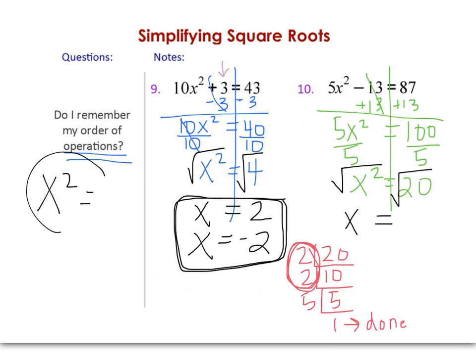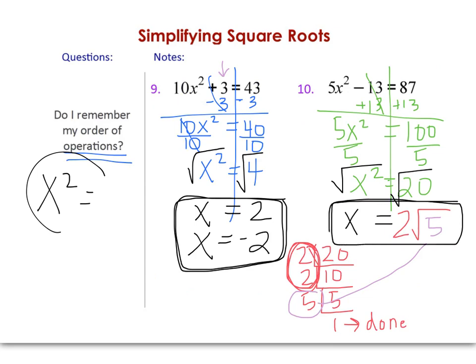That one pair of 2's goes on the outside of your square root. The leftover piece goes on the inside. So you just simplified the square root of 20 into 2 times the square root of 5. So this is simplifying square roots by solving equations, solving equations by simplifying square roots.